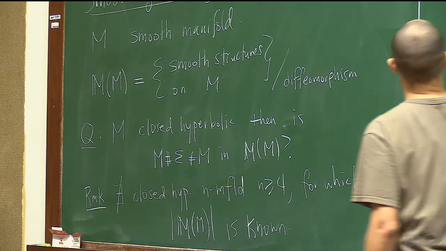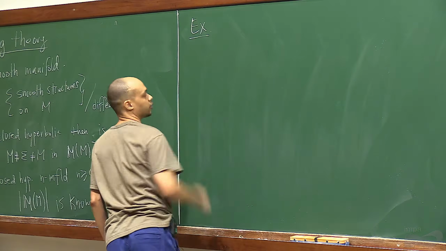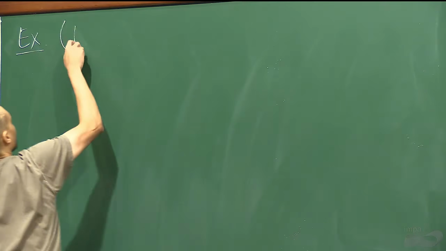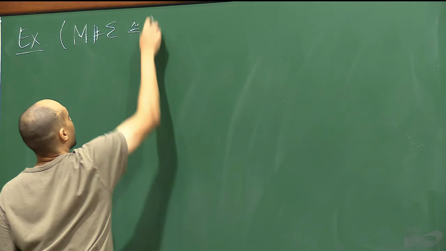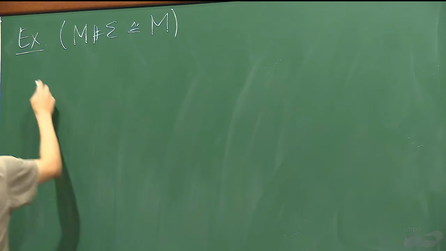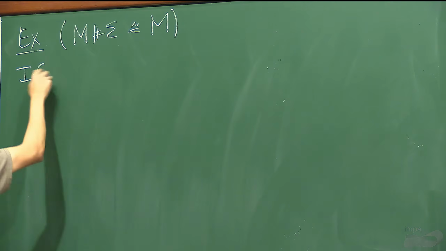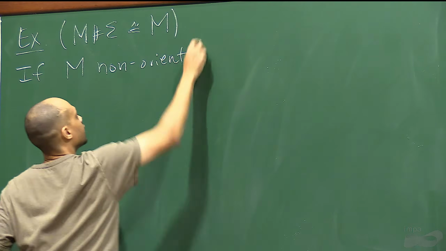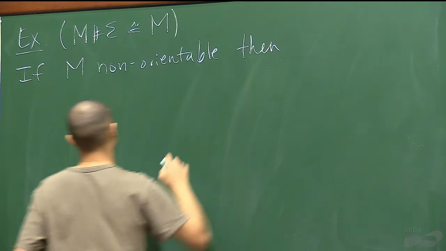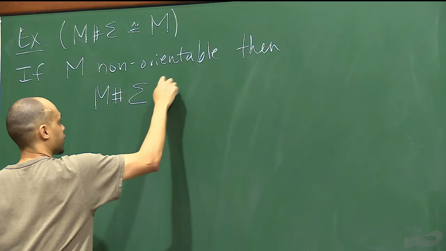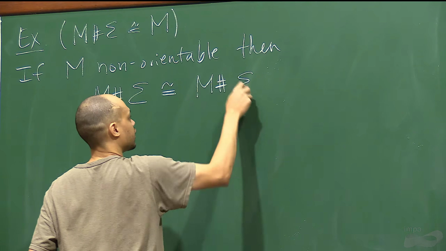Okay, so an example. Now let me give a simple example to show that, well, sometimes these can be equal. So this is an example where M connect sum sigma is diffeomorphic to M. So the starting easy observation is that if M is non-orientable, then M connect sum sigma is diffeomorphic to M connect sum sigma with the opposite orientation.